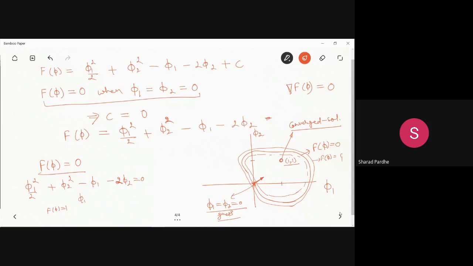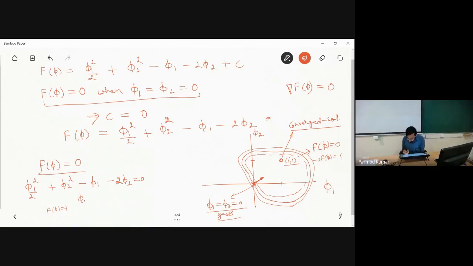Not clear, sir. So what I am trying to say is that this particular f of phi, for this central line, has the value 0. And for this immediate next line, it has, say, the value C1. There will be another line where it has the value C2.